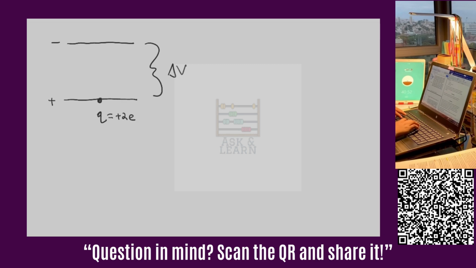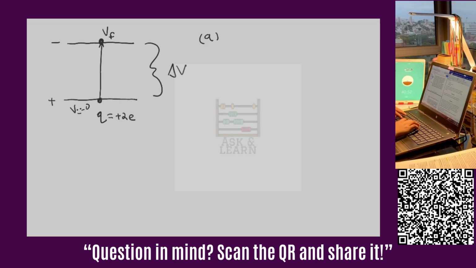It's going to start at some initial velocity of 0, travel through this potential difference, and then when it gets here, it is going to be traveling at some new final velocity vf that it's accelerated up to. Okay, so the first question, part A, is asking us how fast this particle is going to be traveling.